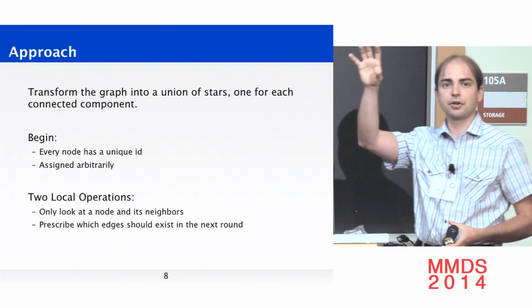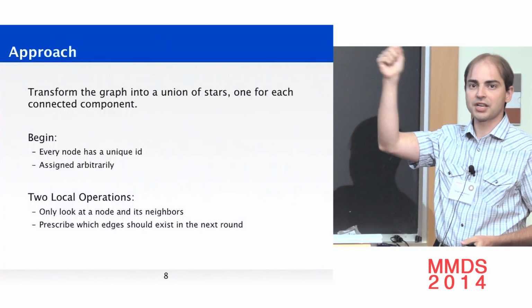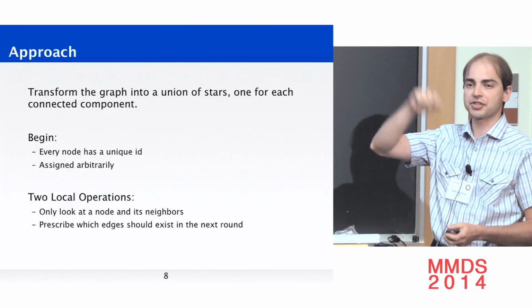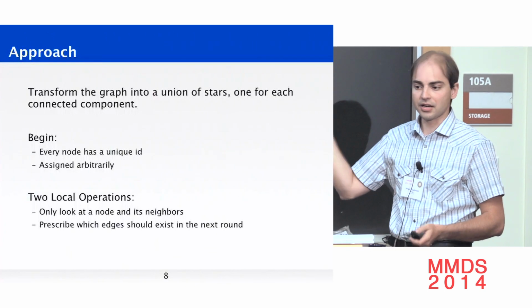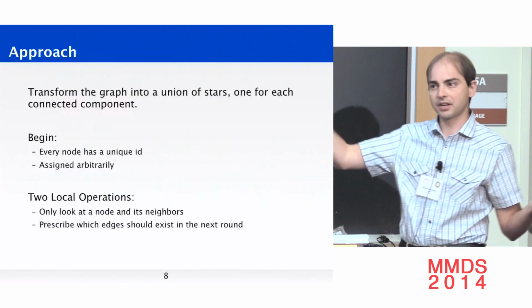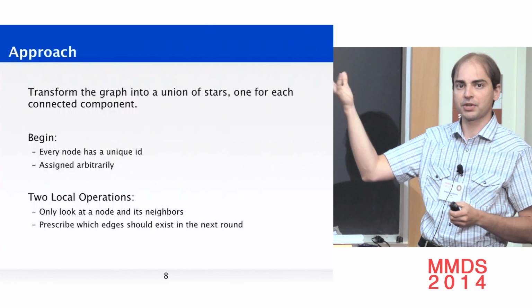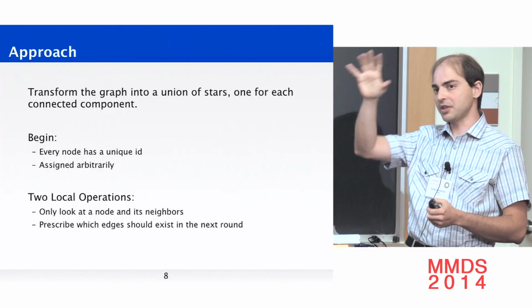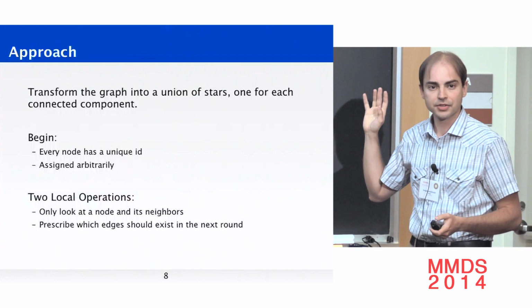So I'm going to look at a node and its neighbors, and then I'm going to decide which edges to keep or which edges to create so that they appear in the next iteration, and otherwise I'm going to drop edges. So I'm given a graph, and I'm going to create a new graph on the same nodes but with a different set of edges, and eventually I'm going to coalesce into something that looks like the union of stars. So this is where we're going.